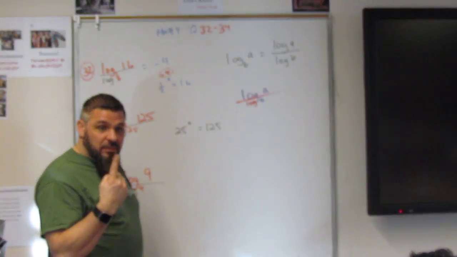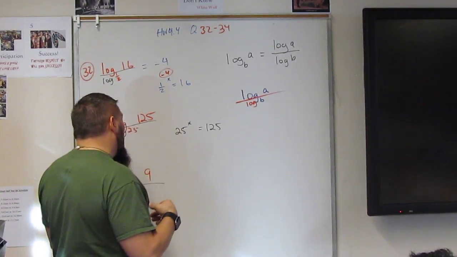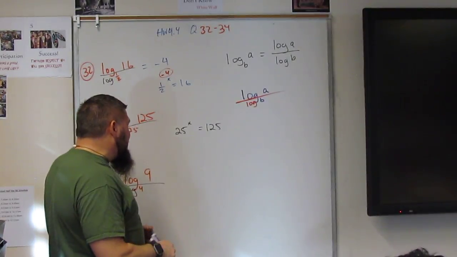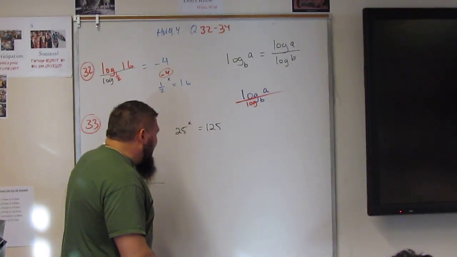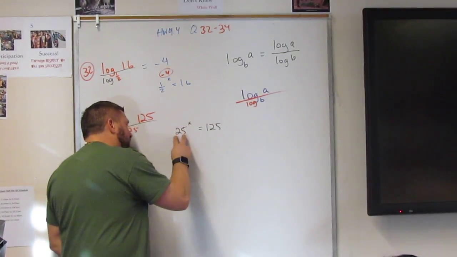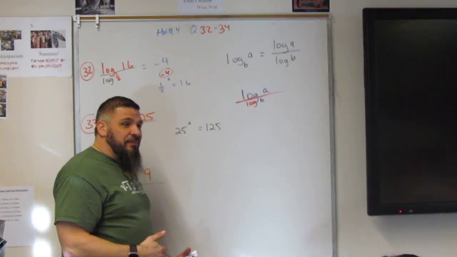My idea was that this is equal to 1/5, but then that wouldn't be quite right, because 1/5 of 25 would be 5. It wouldn't be 125.